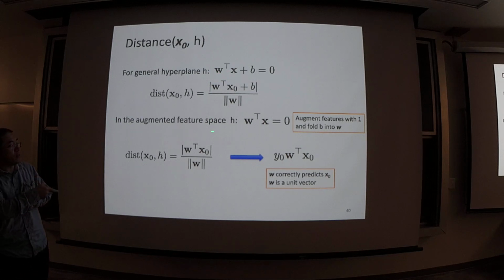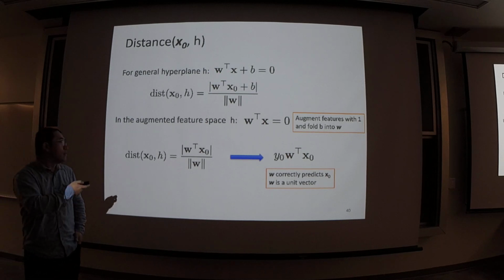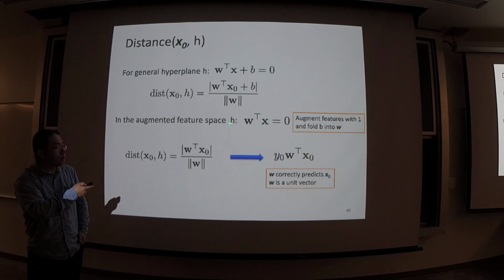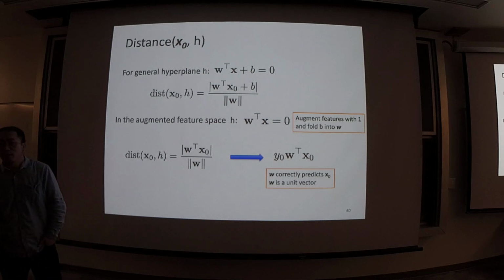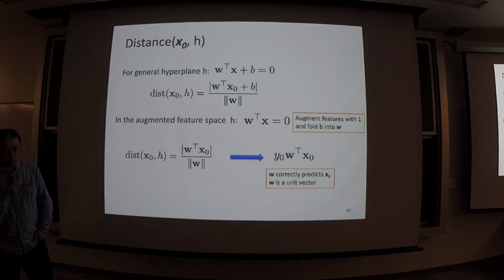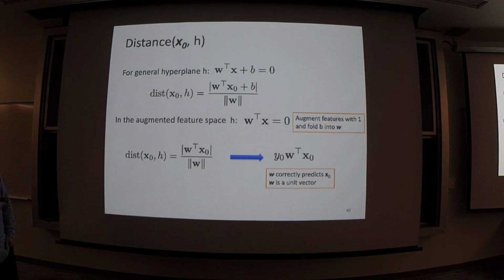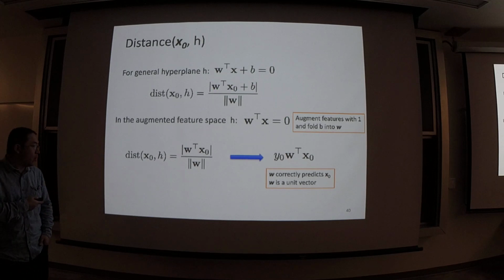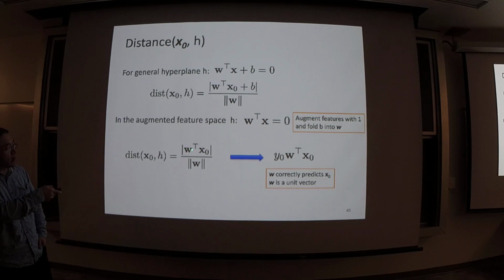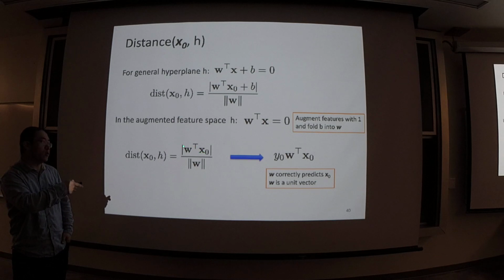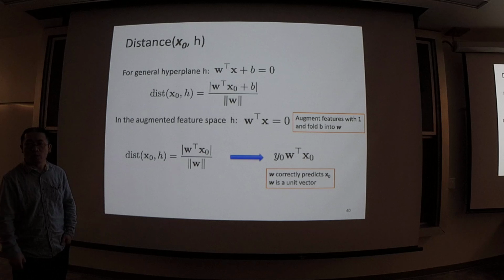That means in the augmented feature space, our hyperplane is simply W transpose x equals 0. Now we apply this formula: in the augmented feature space, the distance between any point x0 and this hyperplane is simply the inner product between W and x0, take the absolute value, divided by the norm of W.